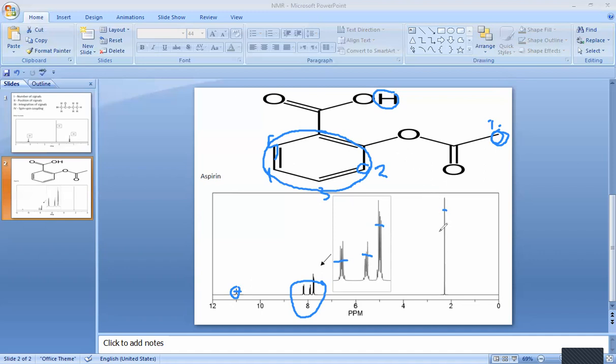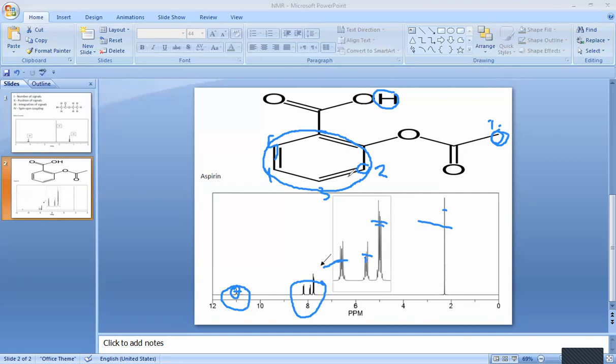Similar to the other explanation, we have this number of signals because we have 5 different, 1, 2, 3, 4, 5, equivalent groups of hydrogen. This one is further downfield, or deshielded, because it's bonded to an ester or a carboxylic acid.